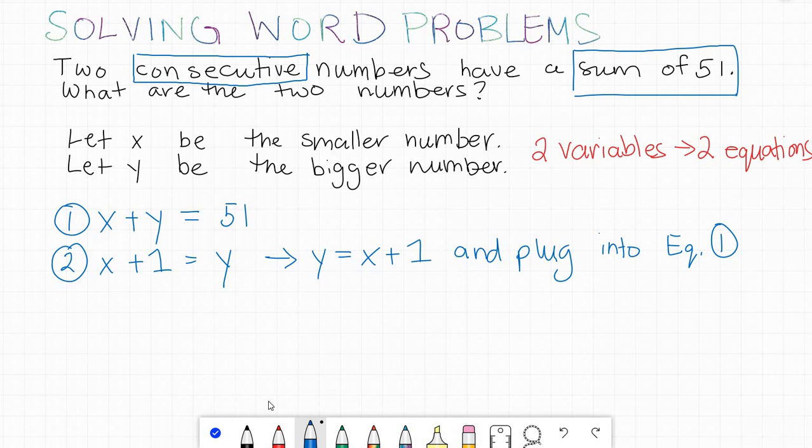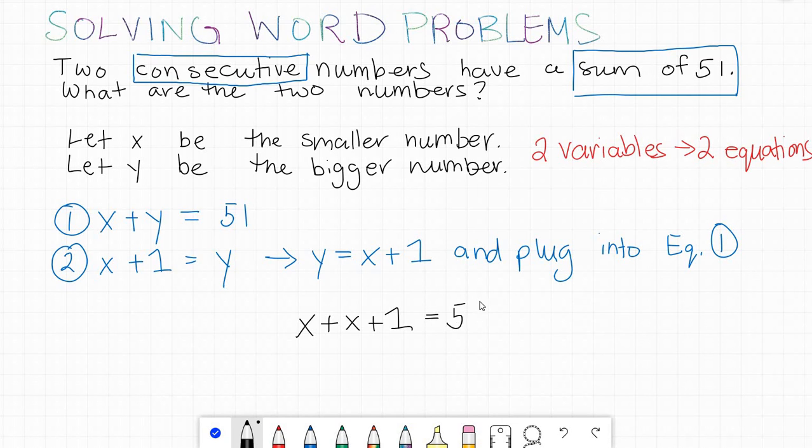Okay, so what that means is that anywhere that I see a y in equation 1, I'm going to replace it with x plus 1 because y is equal to x plus 1. So instead of x plus y equals 51, I'm going to put x plus x plus 1. I just took the y and I replaced it with x plus 1.